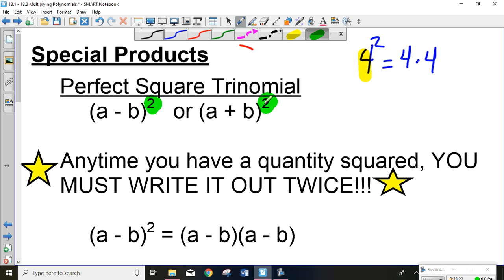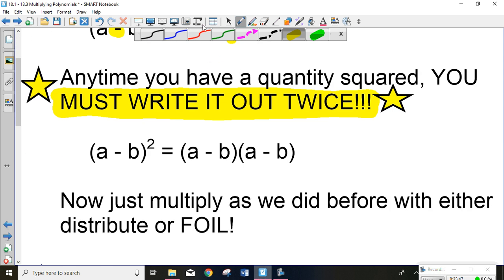And that's the same idea here. If I have a squared outside of the parentheses, lots of people think, because we did it when it was a monomial, that I can just distribute that square to both of those. But because of the addition and subtraction, you cannot. And this is the key thing for this lesson. You must write it out twice because it means that we have 2 of them. So here's the example I gave you.